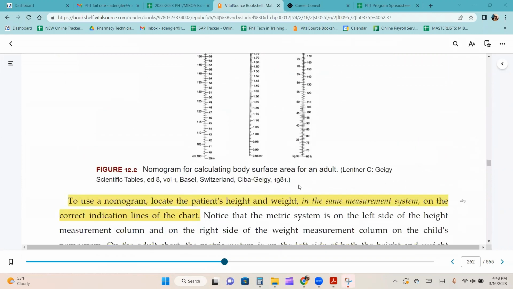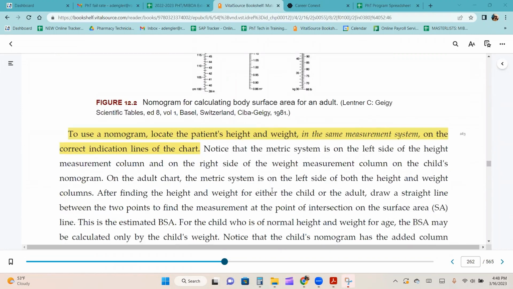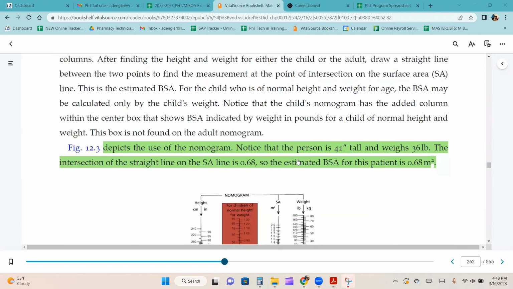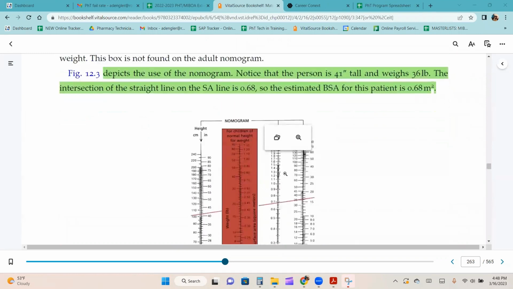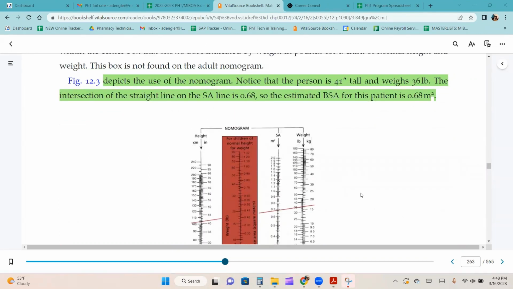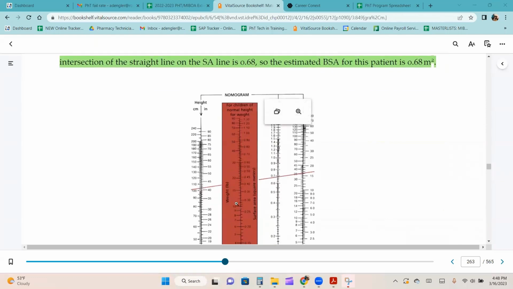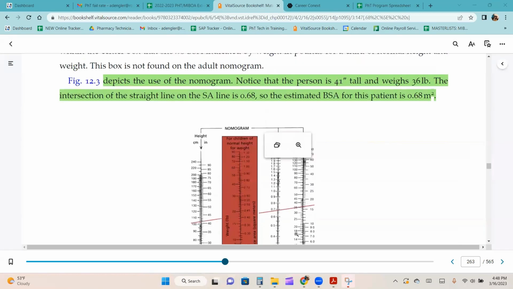And then here we have one for an adult. To use a nomogram, locate the patient's height and weight in the same measurement system on the correct indication lines of the chart. So here it depicts the use of the nomogram. The person is 41 inches tall and weighs 36 pounds. So we have the 41 inches tall, so the height, and then the 36 pounds plotted here.